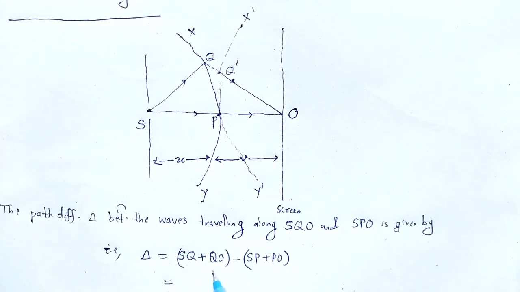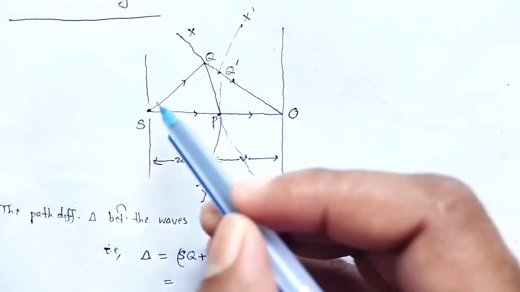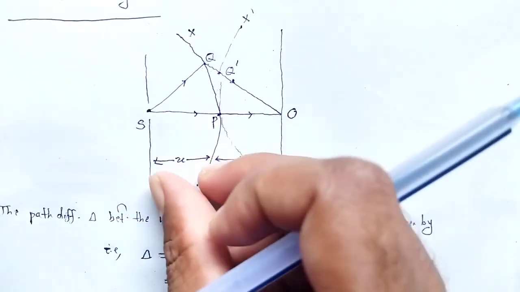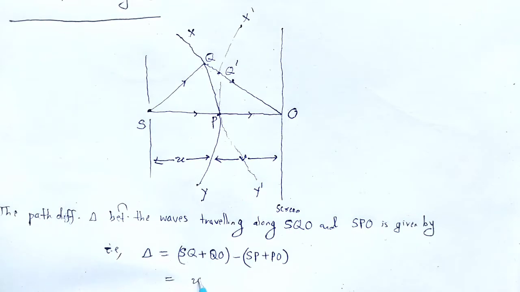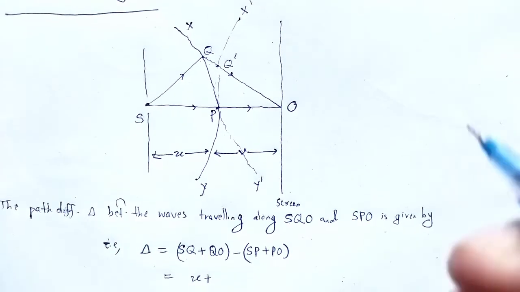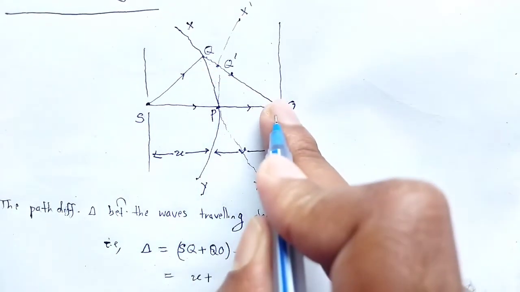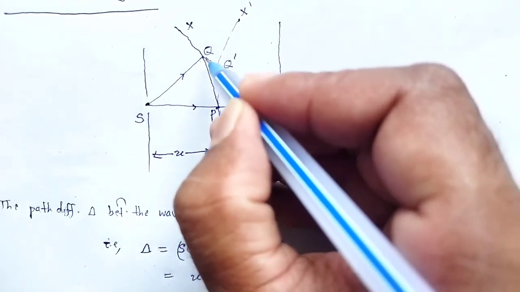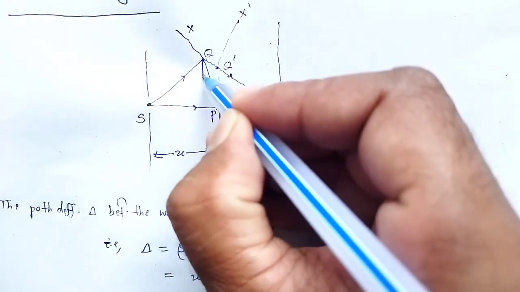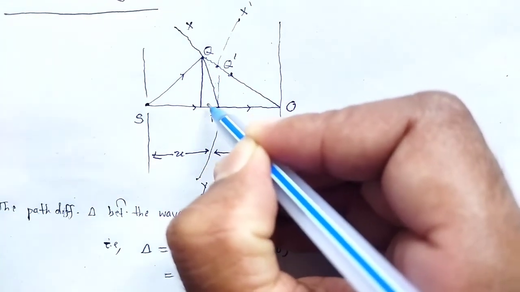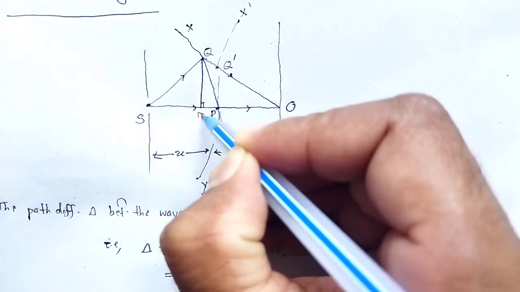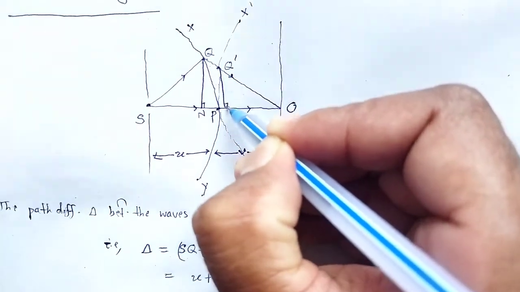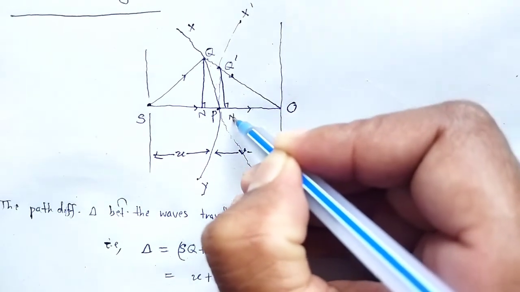Delta is equal to SQ plus QO, and SQ is equal to u, so u plus QO. Draw the perpendicular from Q to the line, call it N, and from Q dash, call it N dash.